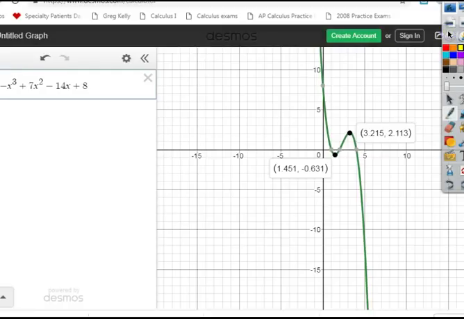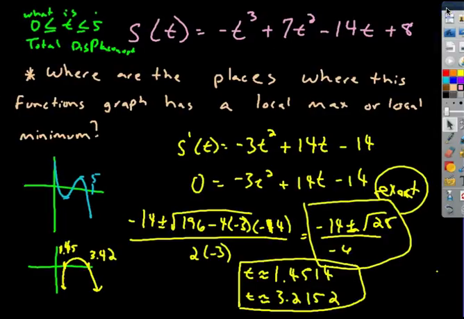All right, look at the original function's graph. There was a value here. We said the y value was negative 0.631 because we wanted displacement. But notice the time is 1.451. Our time, we said it was 1.451, essentially 1.4514, but essentially the same thing. The other time is 3.2152.